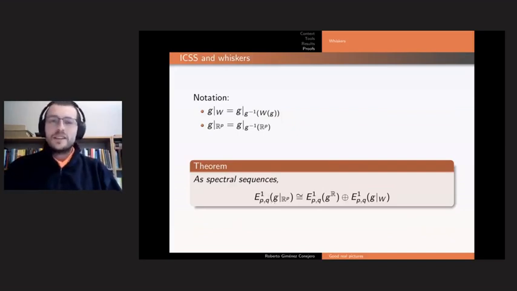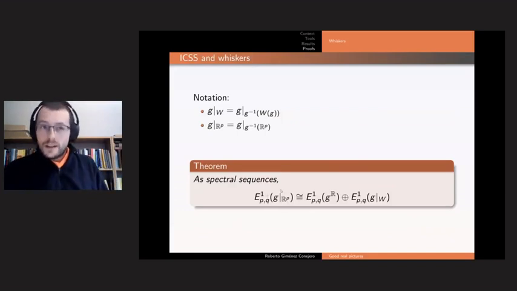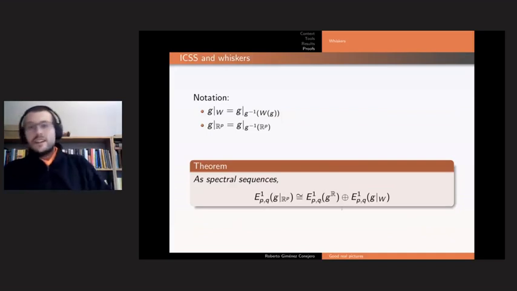The image computing spectral sequences split because you have this mapping, and this mapping, and this mapping. You have everything, you have only the reals, and you have the whiskers. All these are mappings. Each one of them has an image computing spectral sequence. So what happens is that the spectral sequence of everything splits into the sequence of the reals direct sum the sequence of the whiskers.